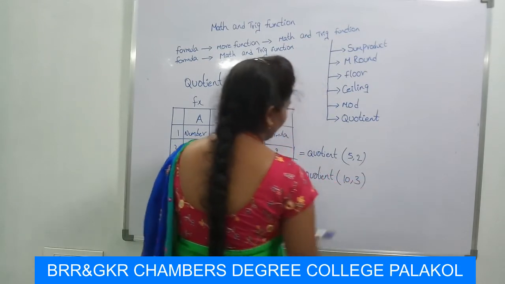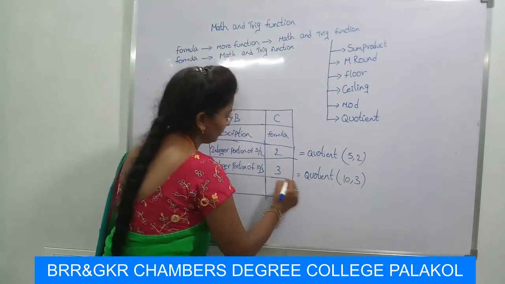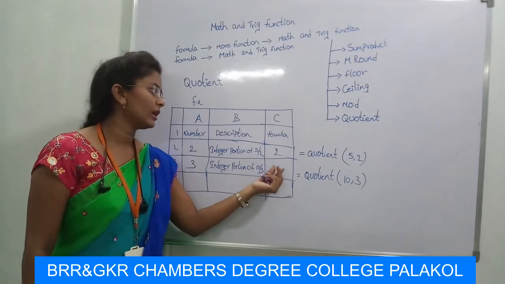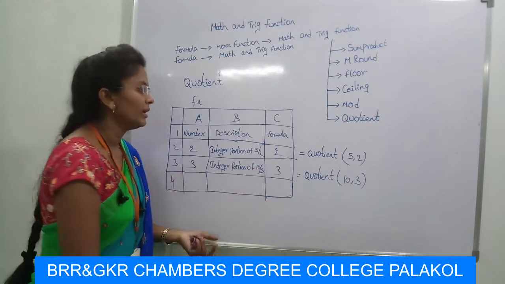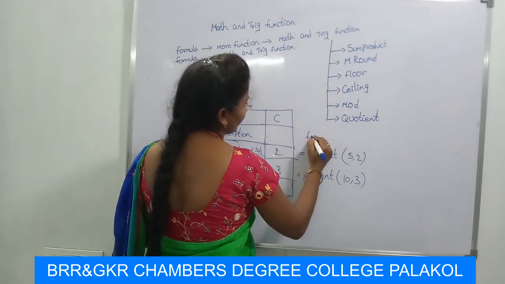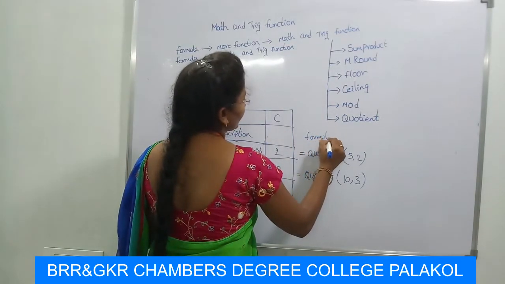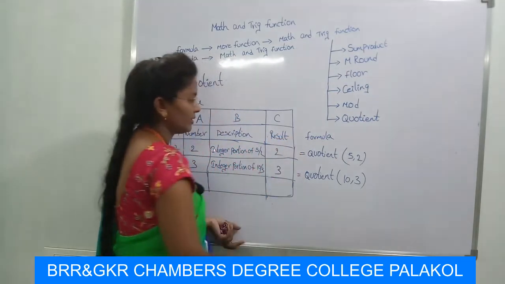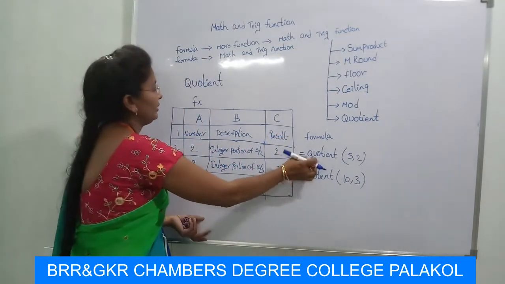The number 3 quotient will appear here. Here it will display the quotient values as a result, and this is the formula. I am entering the formula here and the result will appear in C1 cell. This formula should be entered in the formula bar only.